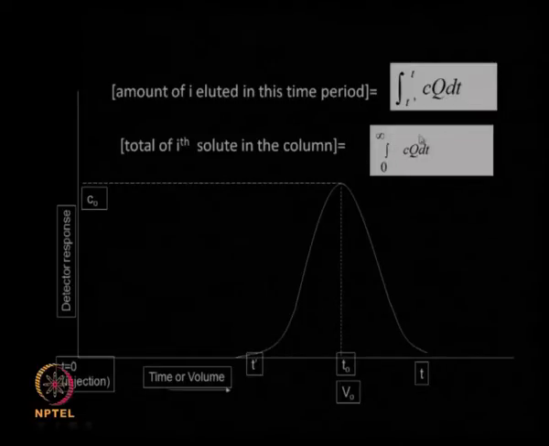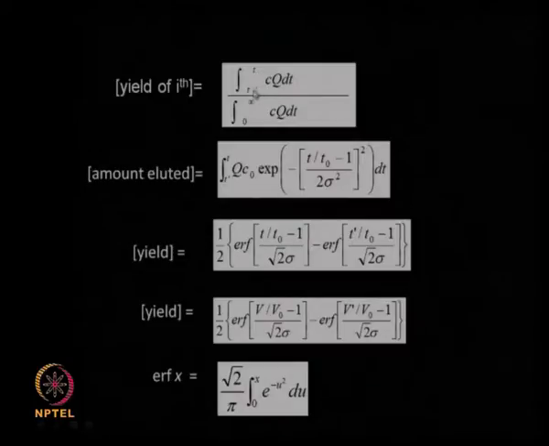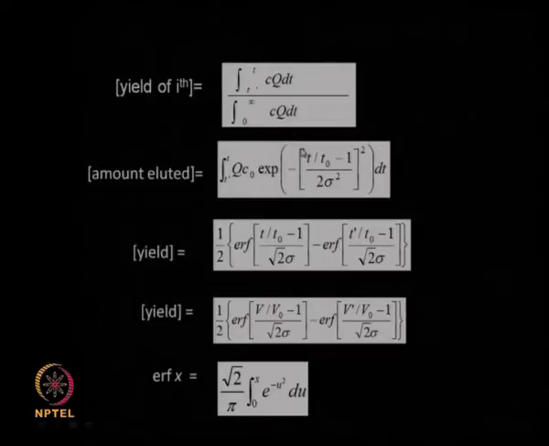So the total amount will be from 0 to infinity, amount eluted in this time will be the integral from T' to T, okay. So yield will be the amount you collect during this period T' and T, and the total between 0 and infinity, okay.